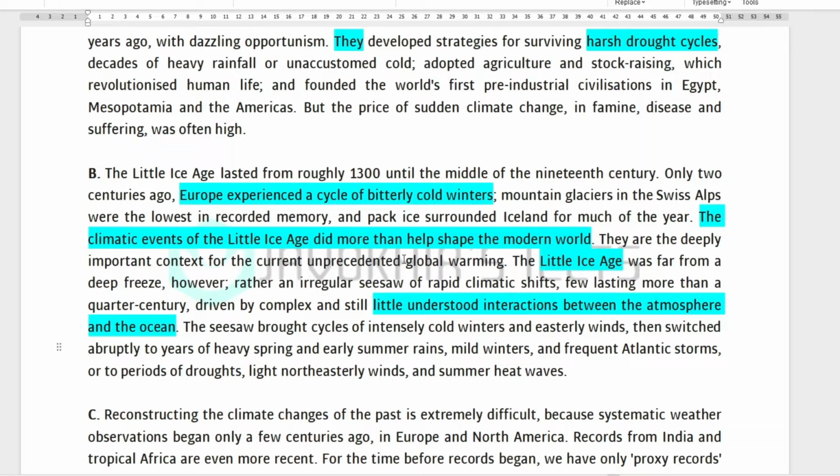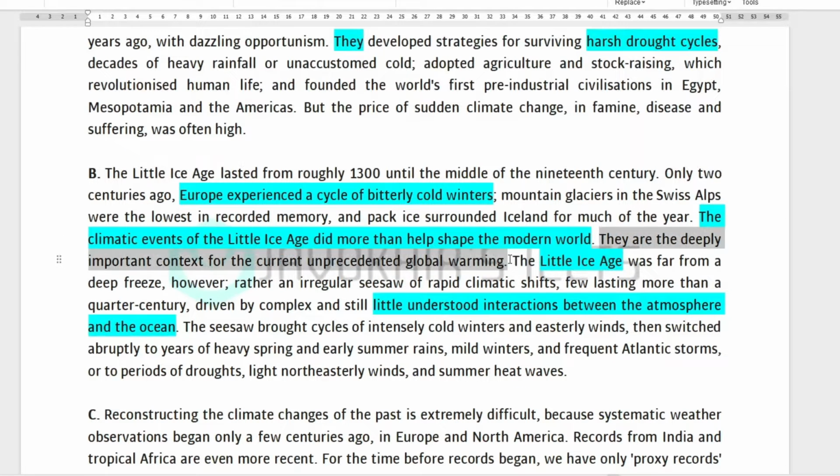Pretty complex, I mean, I wouldn't say it's that complex. Basically, the last sentence gives changes in climate, such as summer rains, mild winters, and frequent storms, or periods of droughts. By what we can find, the climatic events of the Little Ice Age did more than help shape the world. They are deeply important context for the current unprecedented global warming.